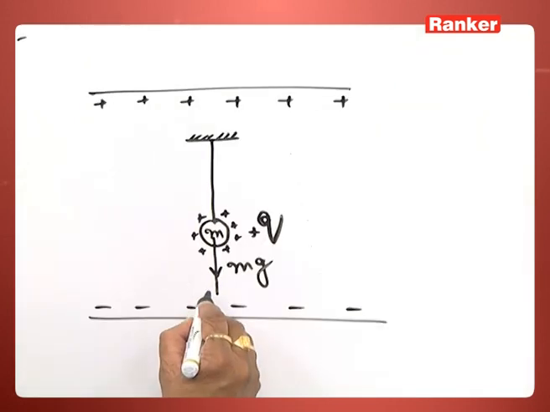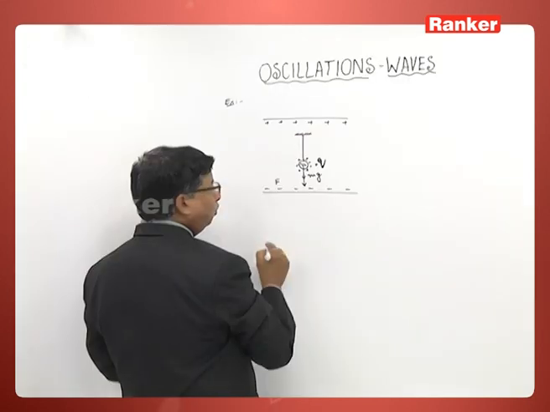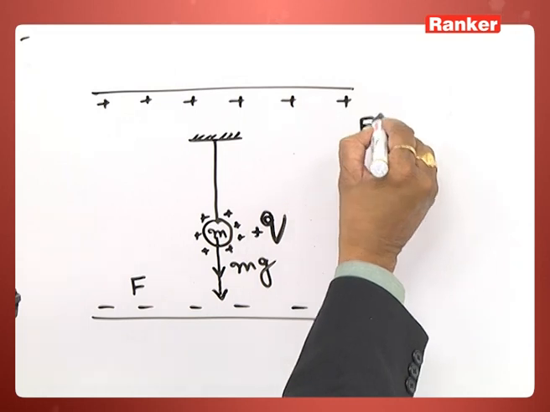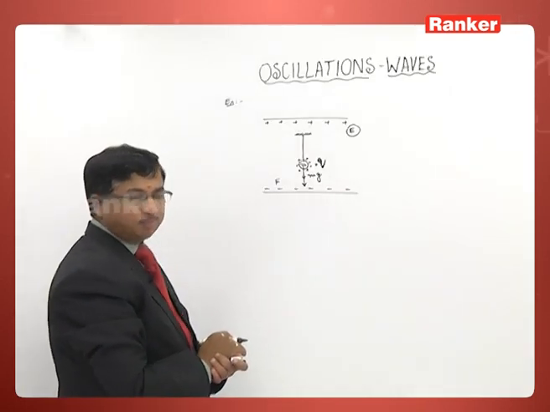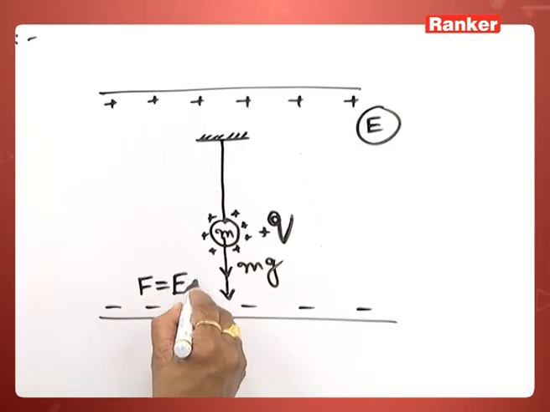In addition to that, there will be a force due to this electric field. If I consider the strength of electric field as E, then the force on this bob becomes EQ.